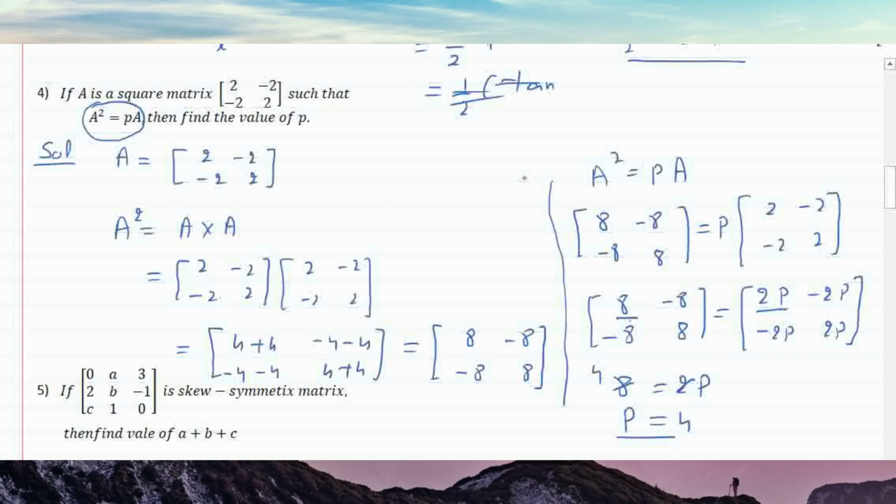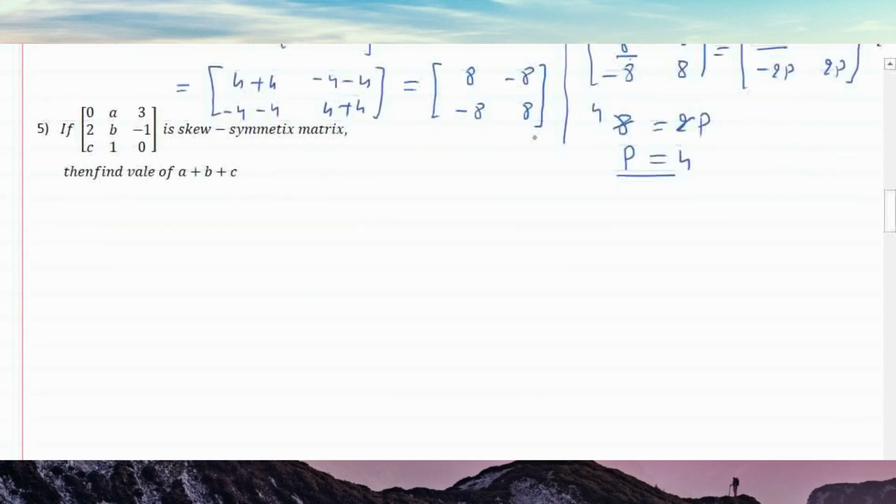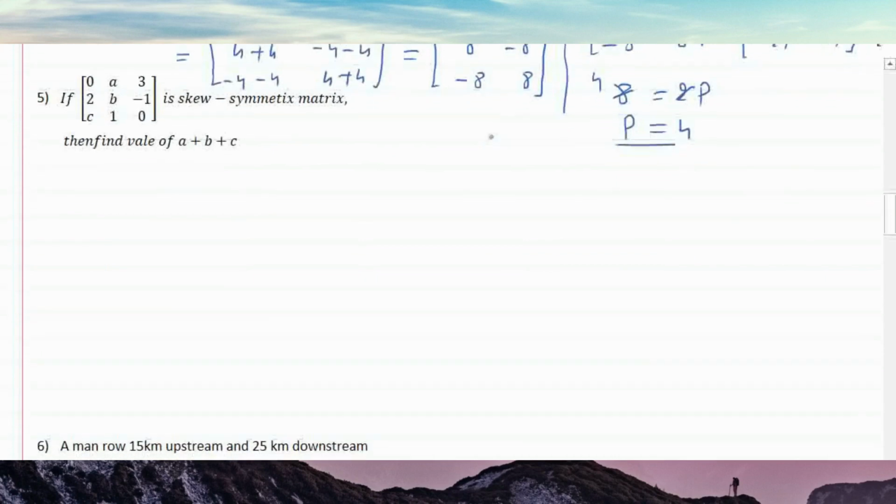We have another question here where he says that this is a square matrix, then find a plus b plus c. Let us do this question, children. This is again a very simple question. See, so first of all, you should know what is skew-symmetric matrix.